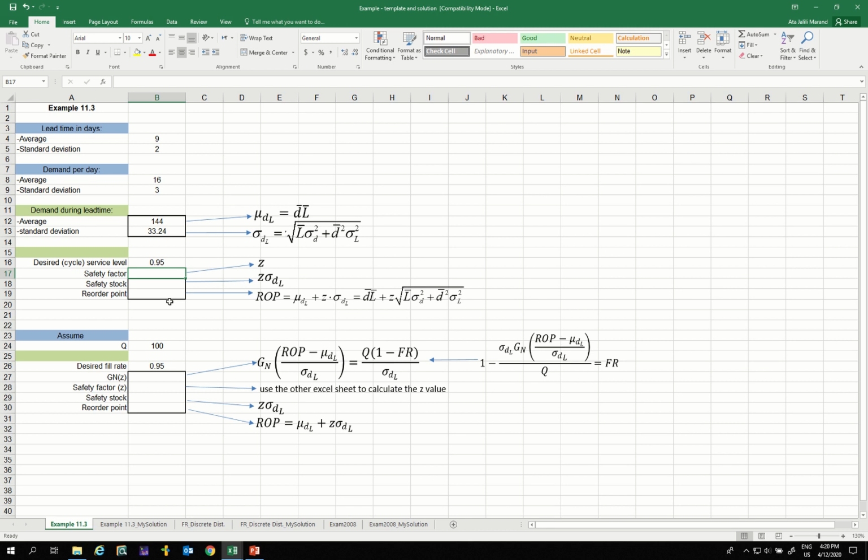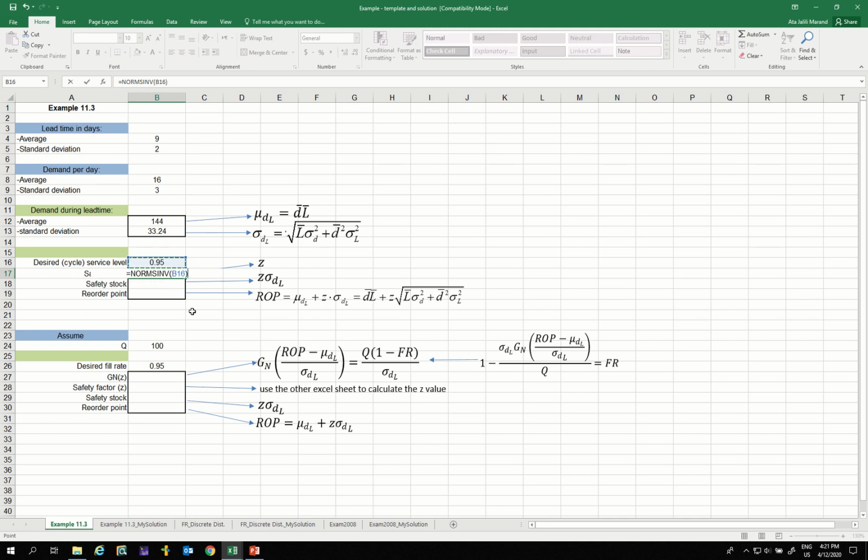Just to repeat again, it is the z-score of a standard normal distribution corresponding to the given service level. So I have the service value. I need to calculate the z-score. I will use the inverse of the standard normal distribution. So it is NORM.S.INV, and then I will feed the service level.